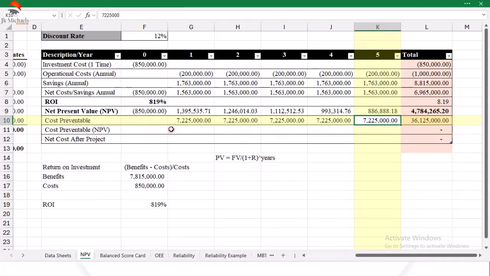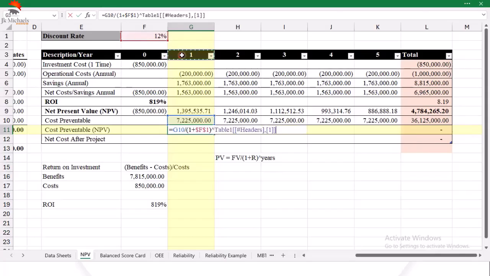So one of the things we can do, again, is to calculate the NPV of the cost that we would have spent. So if this was what we're going to be spending annually, then what would be the NPV of these costs eventually? So we have future cash flow divided by 1 plus our interest rate, or discount rate, depending on how you want to call it, raised to the power of the year in question.